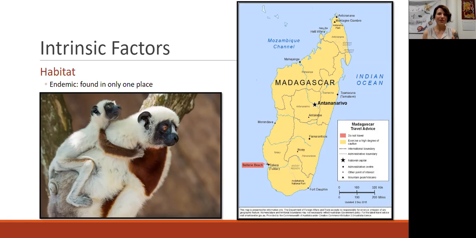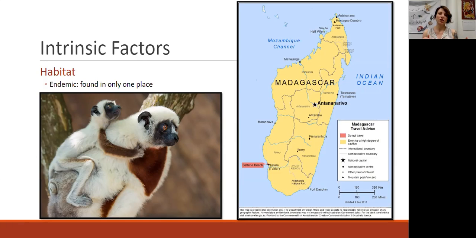It's a very, very cool program, and it's open to the public, and you can go and see all of their lemurs. But lemurs are actually the most endangered mammal in the world. Part of that is because they do have such a small habitat. They are only found on this one little island off the coast of Africa, and that is it.